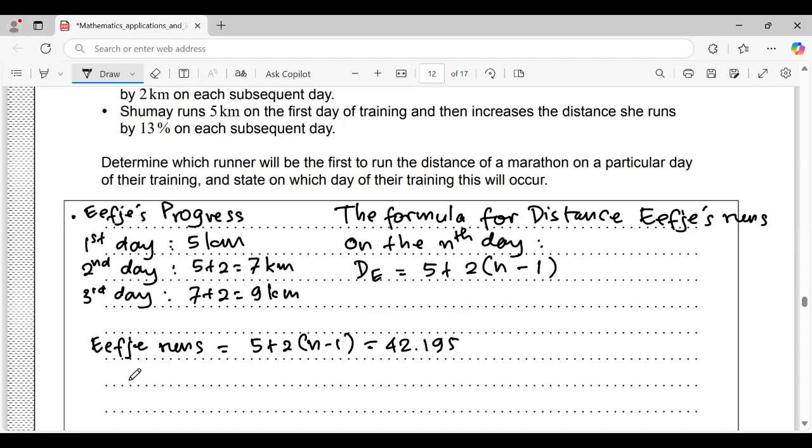Okay. I'm going to move here, 2 times n minus 1 equal 42.195 minus 5. Okay, so 2n minus 2 equal 39. Sorry, not 39, 42 minus 5.